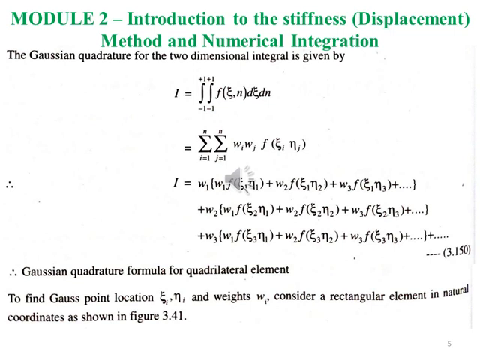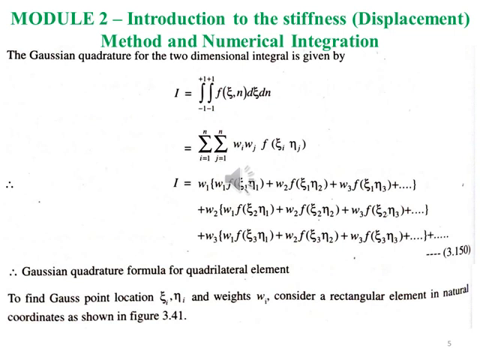So i and j are the two variables in the two dimensions, and we will get two weights, that is wi and wj, times a function of zi and nj. So here we can write this as I is equal to w1 into w1 f of z1 n1 plus w2 f of z1 n2 plus w3 into f of z1 n3, plus it goes on until it reaches the value of wn.